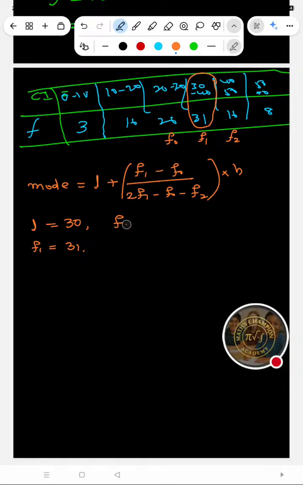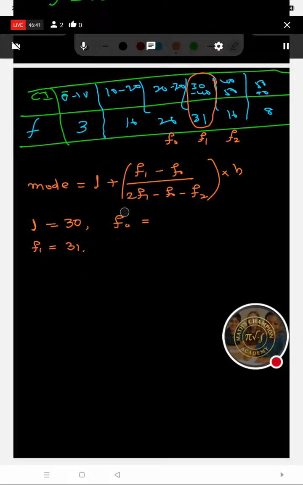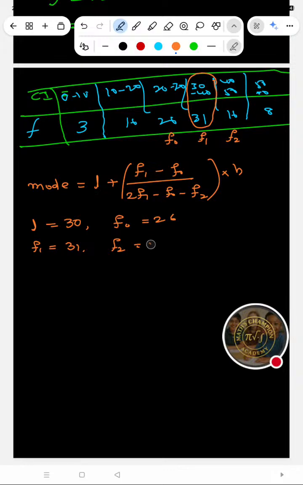F0 is the preceding frequency, that is 26. F2 is the successor frequency, that is 16. Next, h is the class size, 20 minus 10, so h is equal to 10.